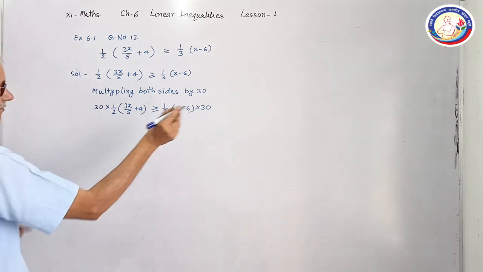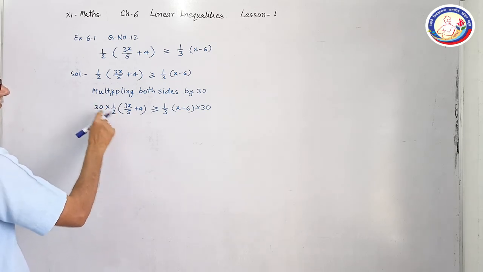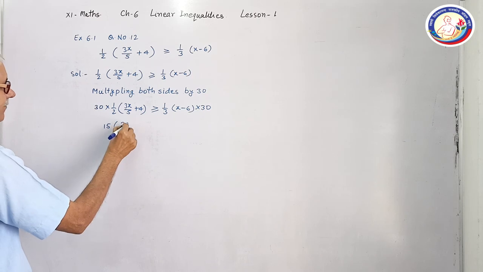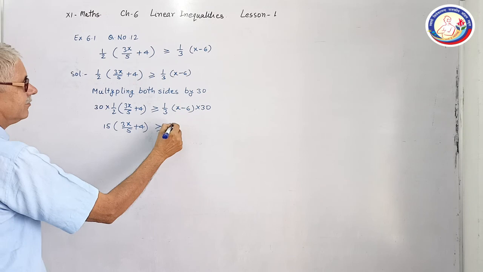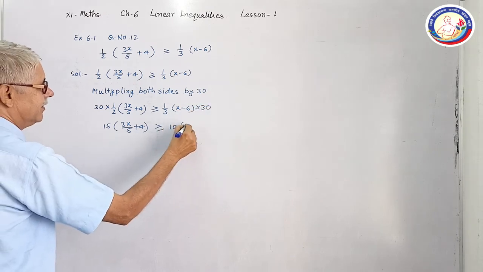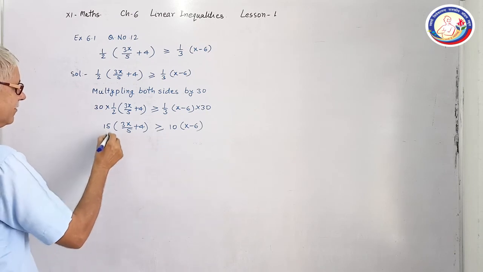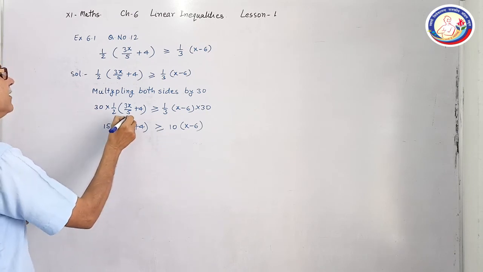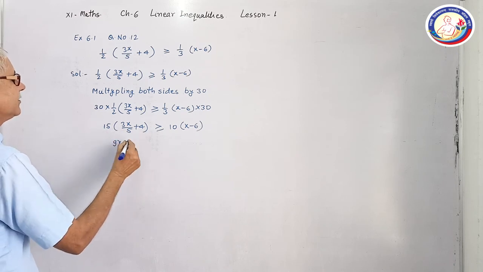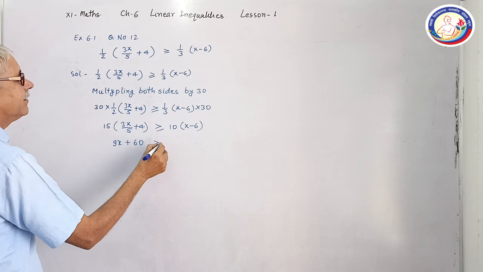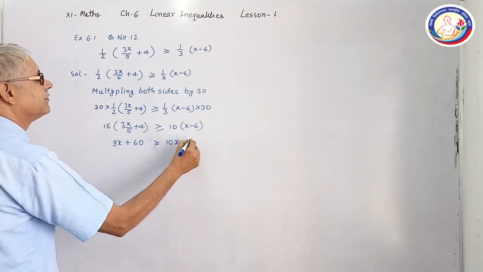Now what will be the result? This will be 15 on simplification. 15 into (3x upon 5 plus 4) is greater than or equal to 10 into (x minus 6). Now again simplify. 15 into 3, that is 45 upon 5, 9x plus 15 into 4 is 60 is greater than or equal to 10x minus 60.